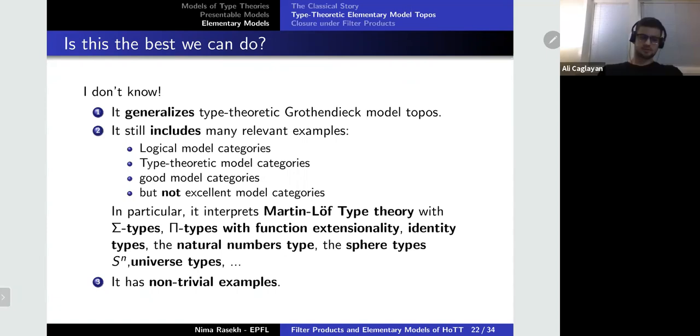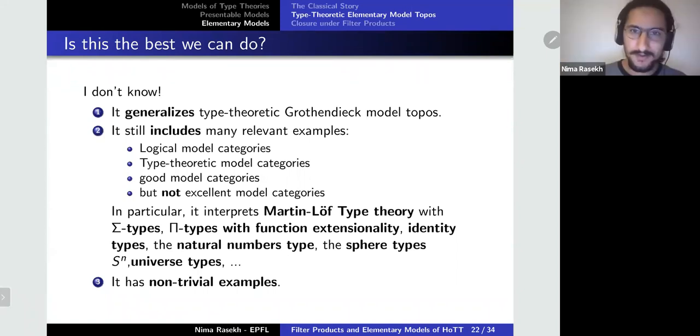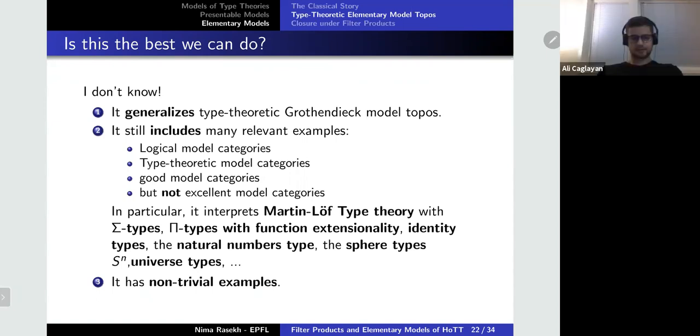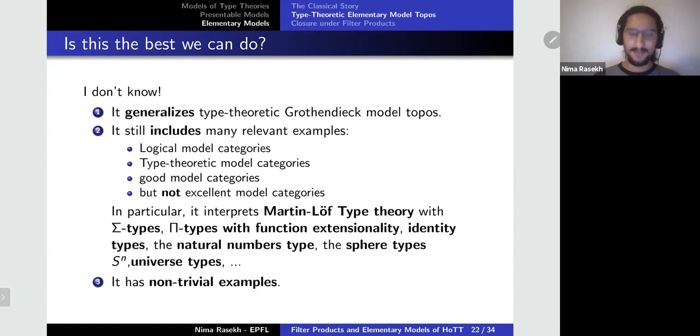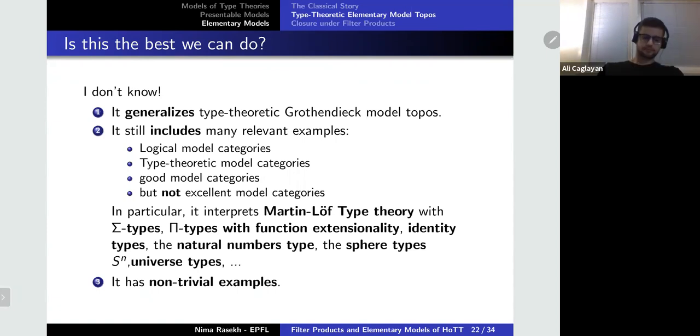And can I ask a quick question? Yes, you can. Your elementary topos, does it have a natural numbers object? Well, it does, yes. I claim it does. Okay. Well, you have to construct it. I claim you can construct it by taking the circle type and then pulling it back, and then taking a certain subobject in it. But you start with an elementary one-topos, right? And then put a model structure on that.